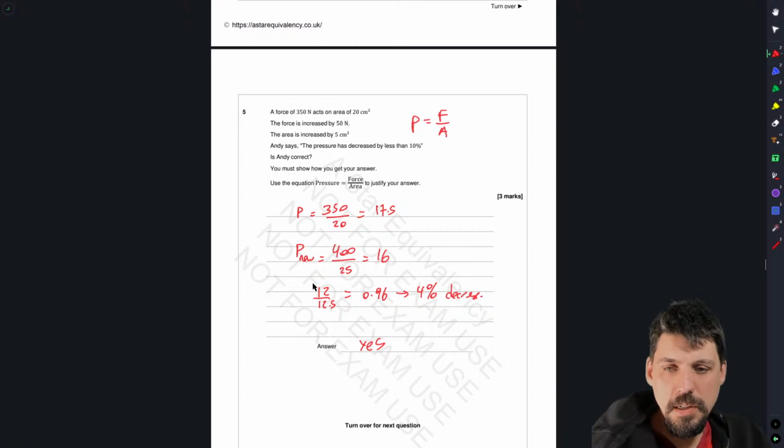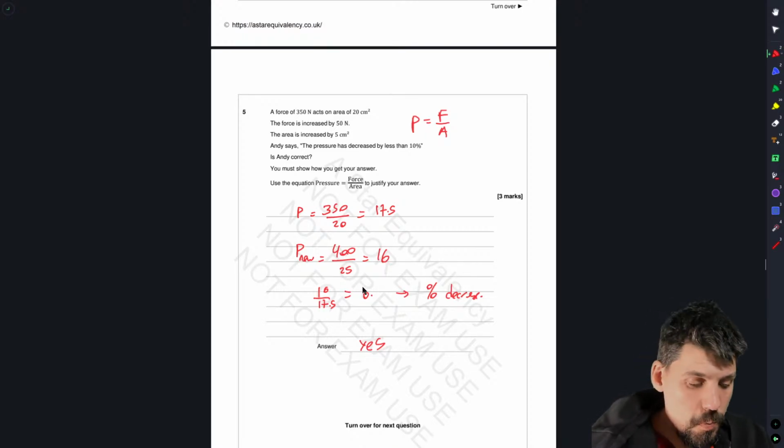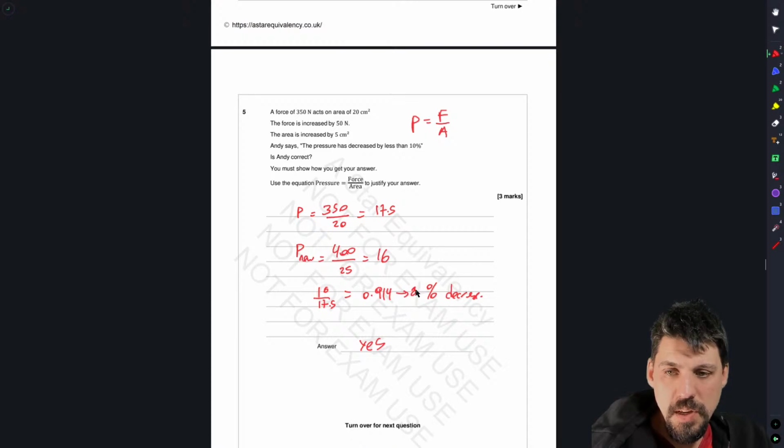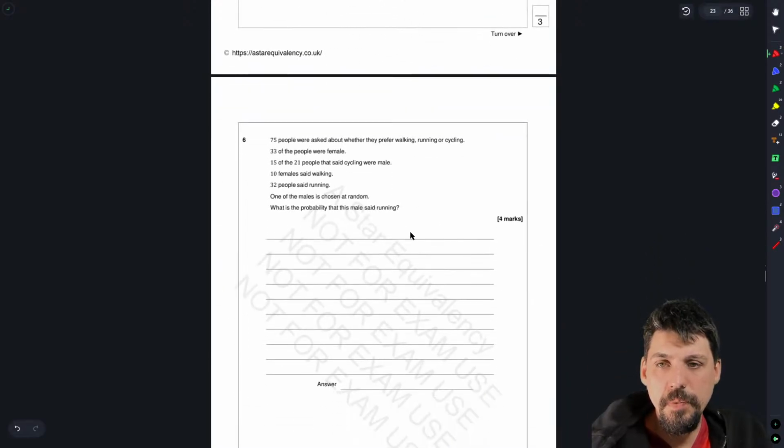So we're doing 16 over 17.5. 0.914, which is an 8.6% decrease. So still yes. Cool. Hopefully that's that.